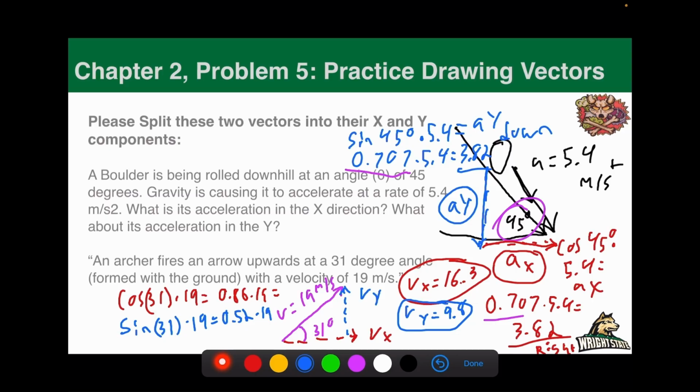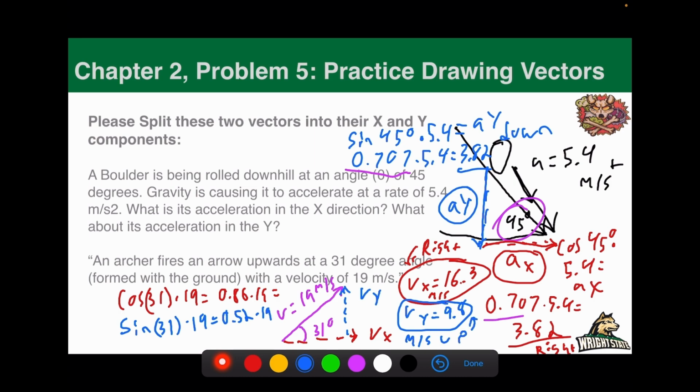These are both velocities, by the way, so their units are going to be the same as our big vector. So that's meters per second. This one over here is also meters per second. And then lastly, we just have to add a direction to these two. So my x component is going to the right, and my y component is going up.